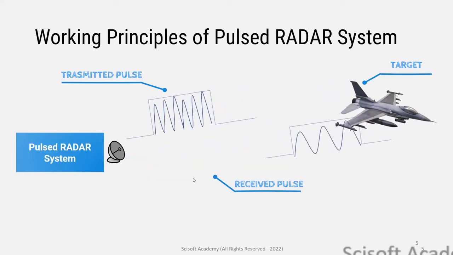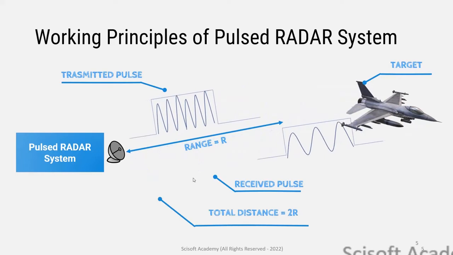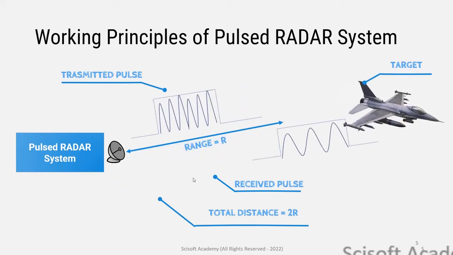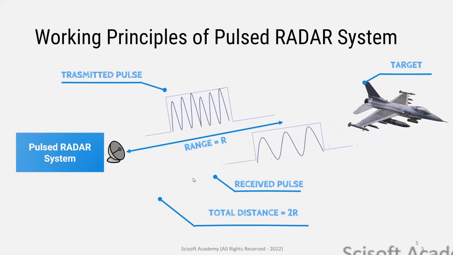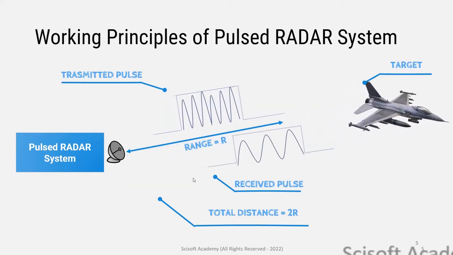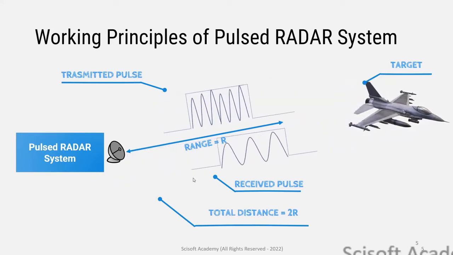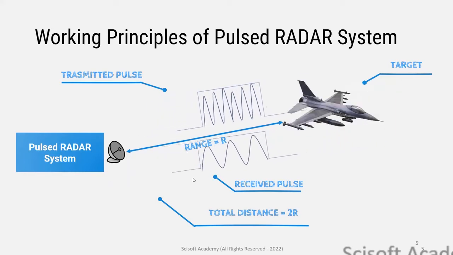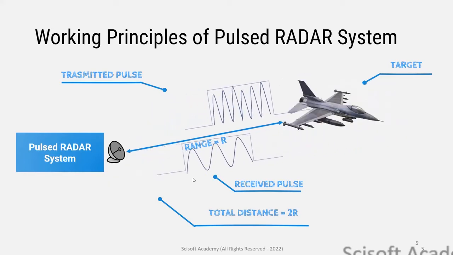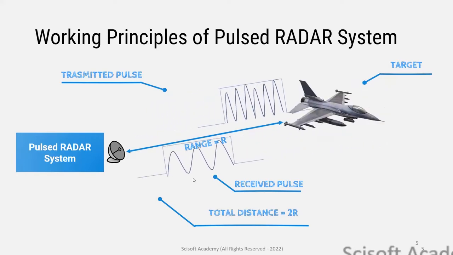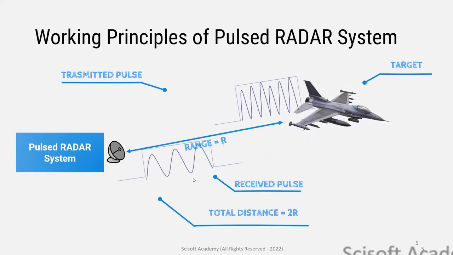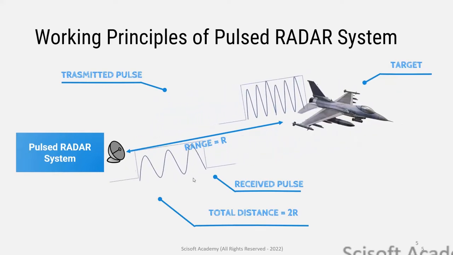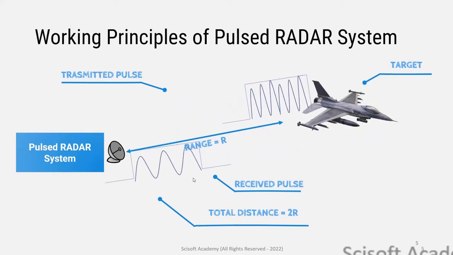And from here, the range is going to be R. Let's say the distance between the antenna and the target is R, then the total distance traveled by the pulse is going to be 2 times R, because the signal has to travel from the antenna to the target, that is 1 times R, and from there the signal gets reflected by the target and travels from the target back to the antenna. That's why the total distance is 2R.